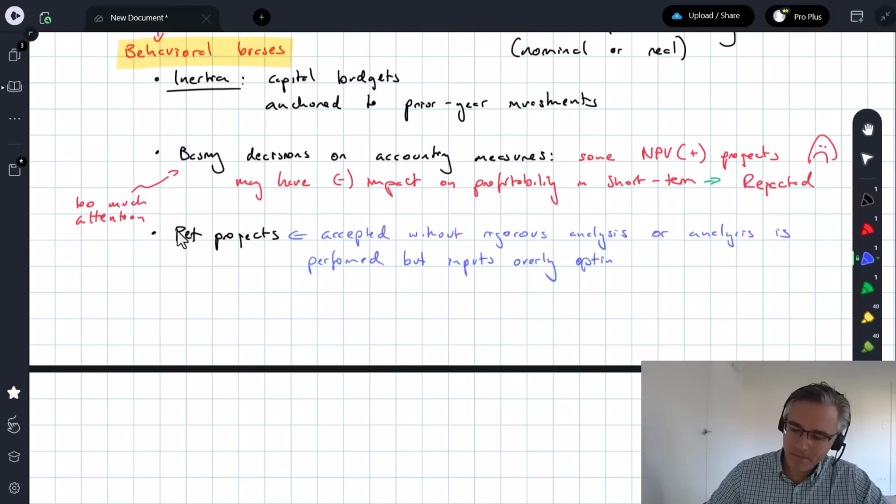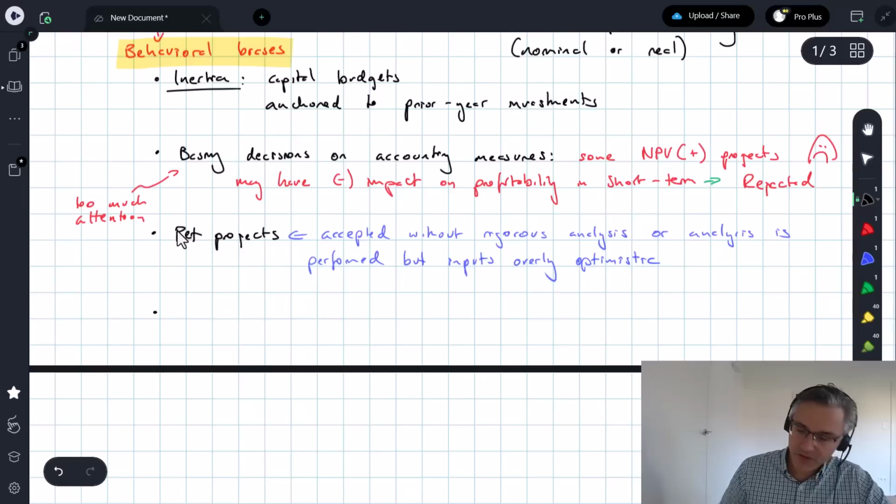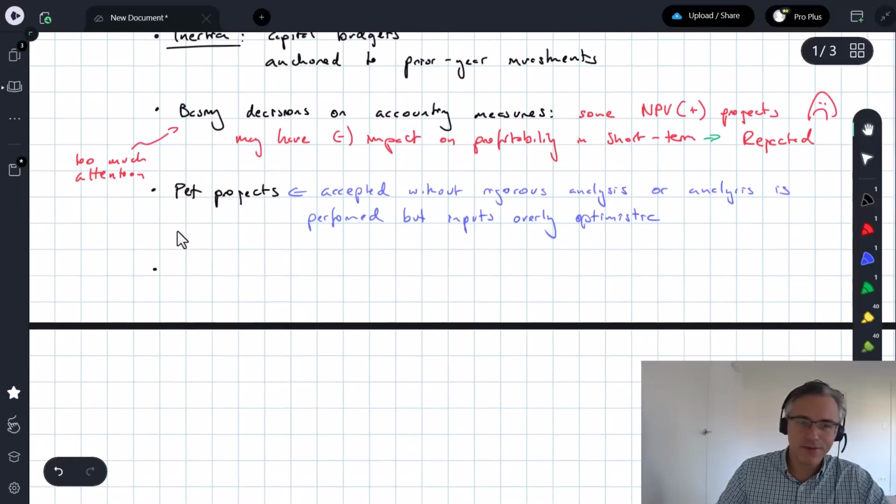And the sponsor of that project is happy, right? Which obviously doesn't necessarily lead to company value and shareholder value generation.